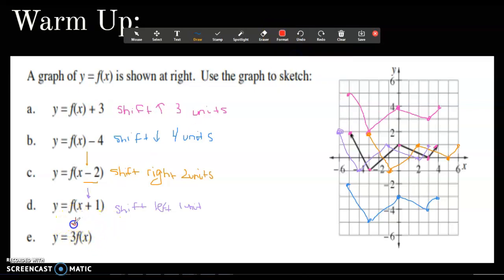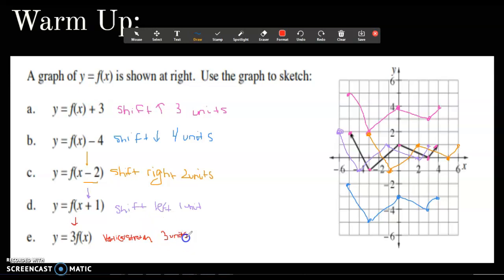What does this do? Whenever we multiply, we're going to have a vertical stretch, right? So we're going to take and stretch this thing, and it should be 3 units.